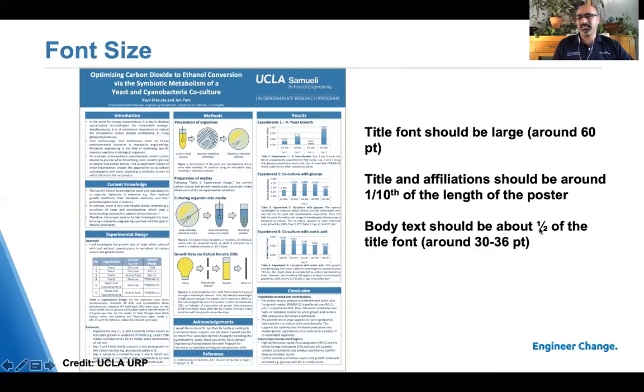Sorry, the body text should be about 1/2 of the title font, so around 30 to 36 points, right? So half of the title should be 30 to 36 for these headers here, right? So results, methods, introduction, etc.